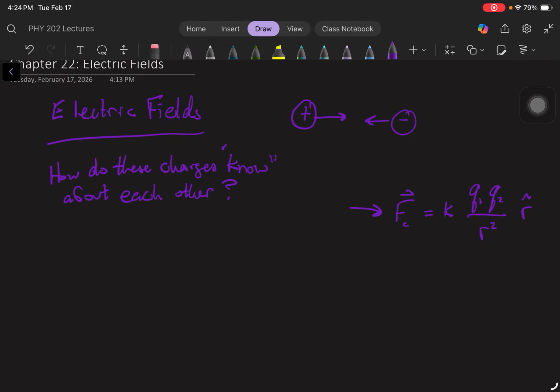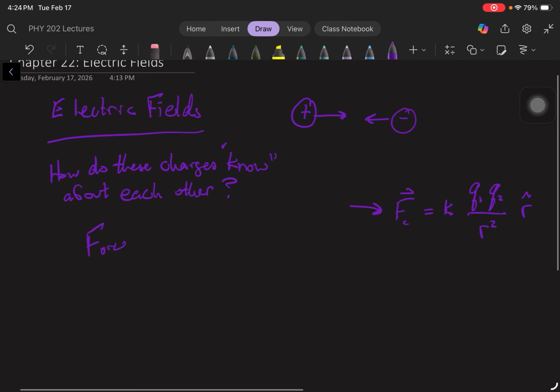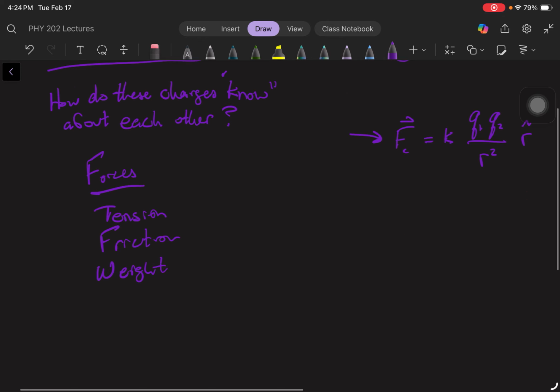Most forces we've discussed, we have like tension, friction, weight, drag, centripetal force. For the most part, all of these involve some kind of interaction between things, right?